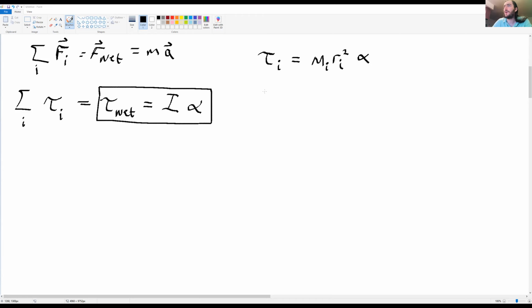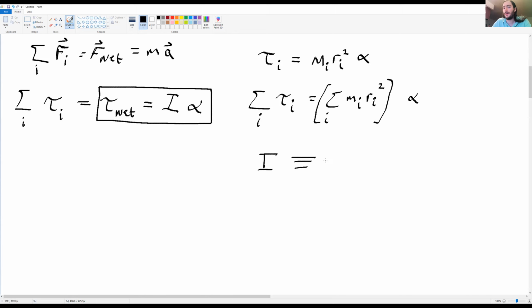Okay, so what we do is we sum these torques to get the net torque, right? And what happens is we have a summation on the right-hand side, which sums over all of these m sub i, r sub i squareds. And we have to do this summation to figure out what the moment of inertia is of an object.